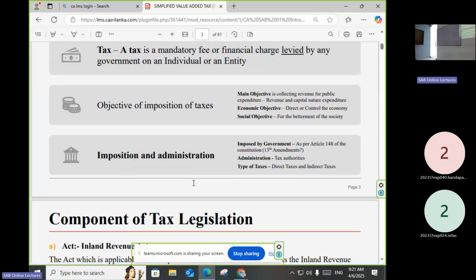How many taxes do you know in Sri Lanka? Can you tell me one tax?